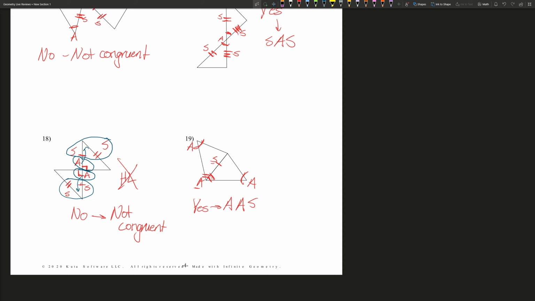I'm still looking at this. I did it before I printed it. I'm just trying to figure out where I went wrong on this one.